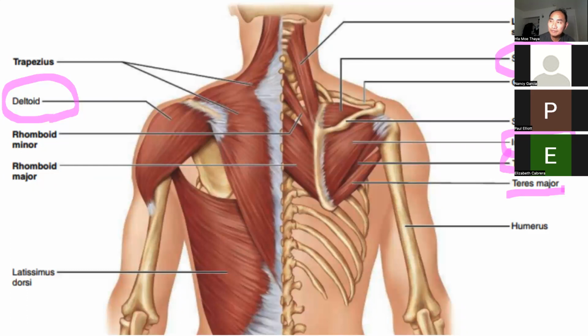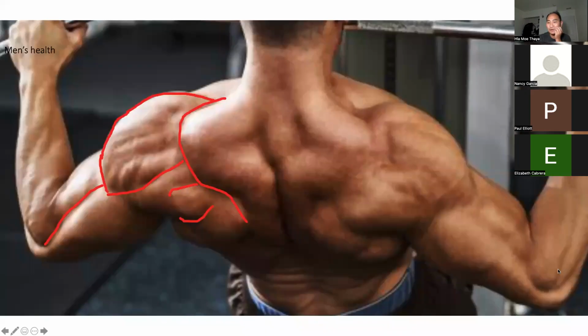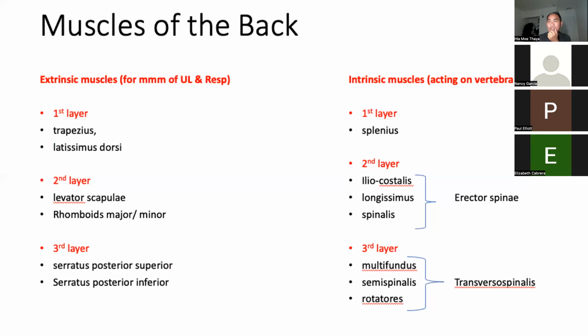So the trapezius muscles are superficial to the rhomboid muscles, right? Yes, superficial to the rhomboid muscle. So in the extrinsic muscles of the back, the first layer is trapezius and latissimus dorsi.